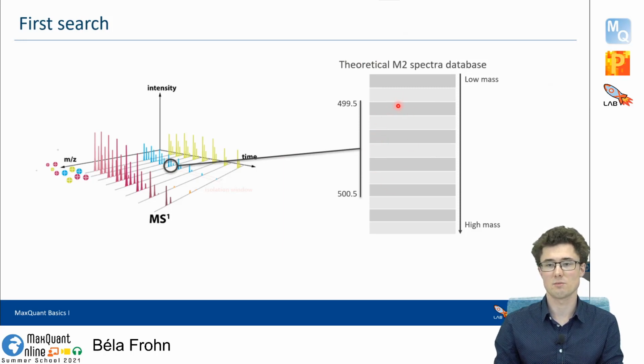Then we take the best hit and say, okay, the best hit is this peptide. For the first search, we do this by a cutoff threshold where we say the hit has to be good enough, so better than this or that. So we identify this as the peptide we found here.